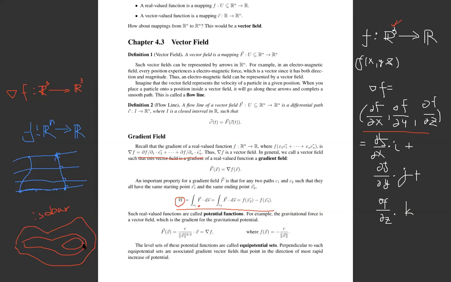If you have a vector that points in the perpendicular direction, that means you go through the highest increase of air pressure.